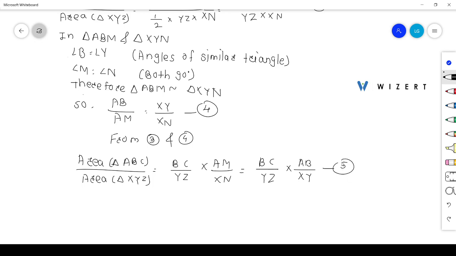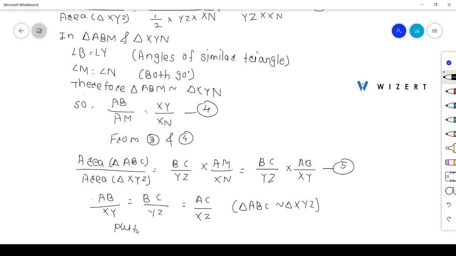Suppose this is equation number 5. So AB upon XY equals BC upon YZ equals AC upon XZ, as triangle ABC is similar to triangle XYZ.